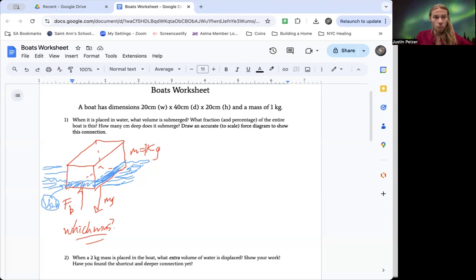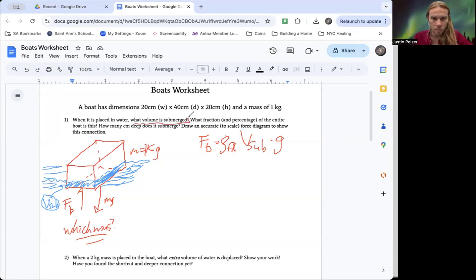So even in the formula, we have FB is density of fluid times volume submerged times gravity. And so we can figure out the submerged volume.